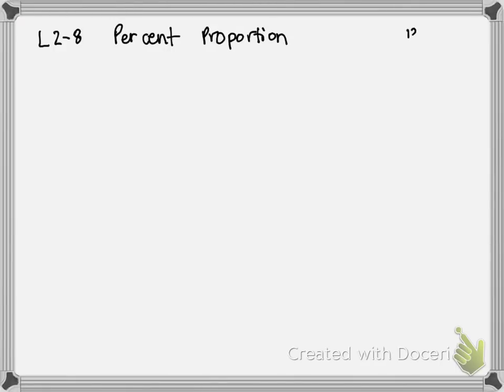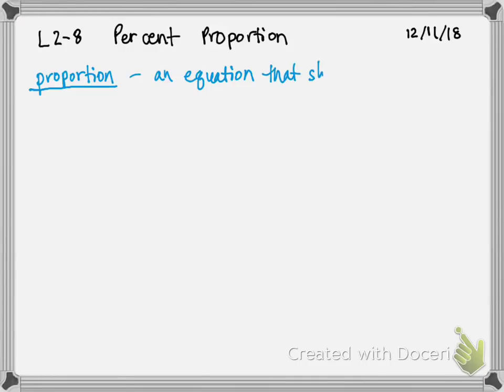And today's date is 12/11/18. So let's talk about what I mean by a proportion and then a percent. So a proportion is an equation that shows two ratios are equal to each other.